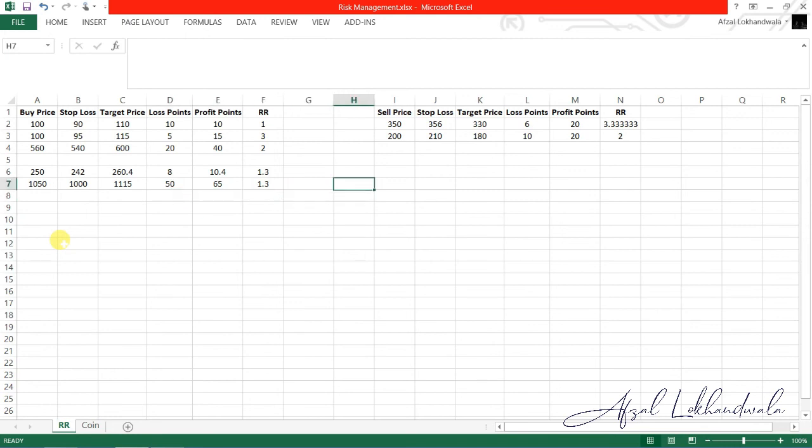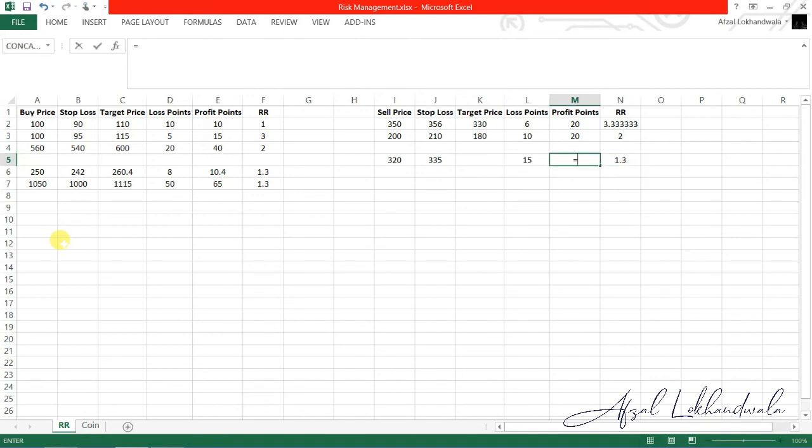Now let us move to the short selling case. Let us say that we are short selling a stock at 320. We are identifying a stop loss at 335. We can calculate the loss points now. 335 minus 320. The loss point is 15. We want to keep the risk reward as 1.3.